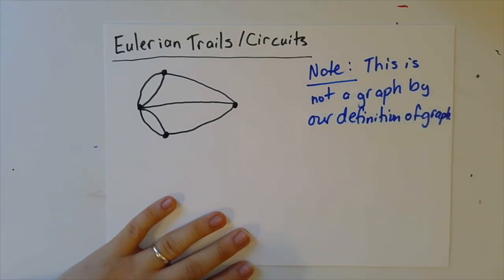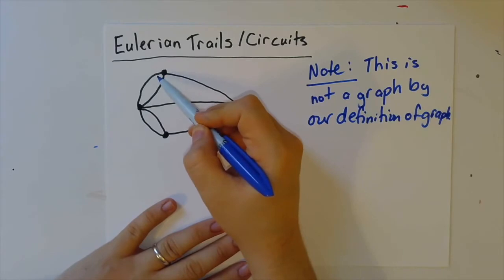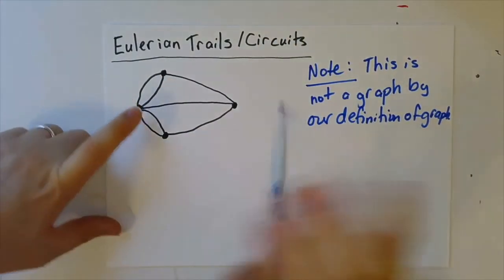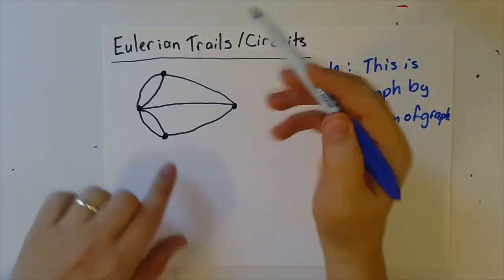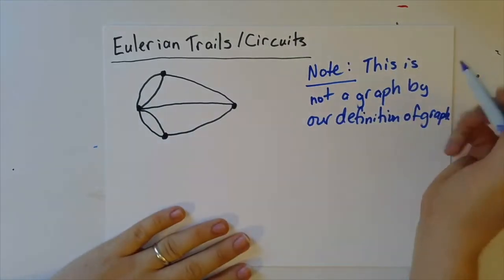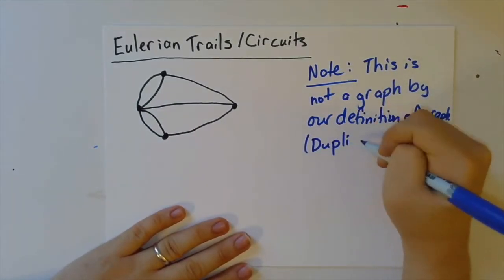Why? Because there's actually duplicate edges between these two vertices and also between these two vertices, corresponding to the fact that there are actually two bridges between the South Island and the West Island. There are duplicate edges.